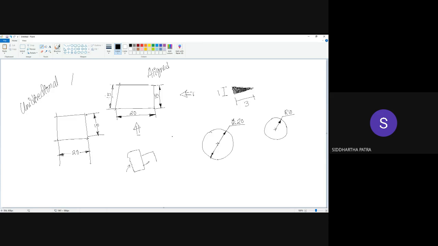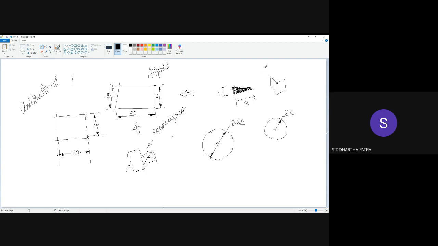Let's say this is a protruded part and shown like this. It basically means this is not a cylindrical portion. This is actually a square segment. So if I'm trying to draw it in an isometric view, this is how it is supposed to be.